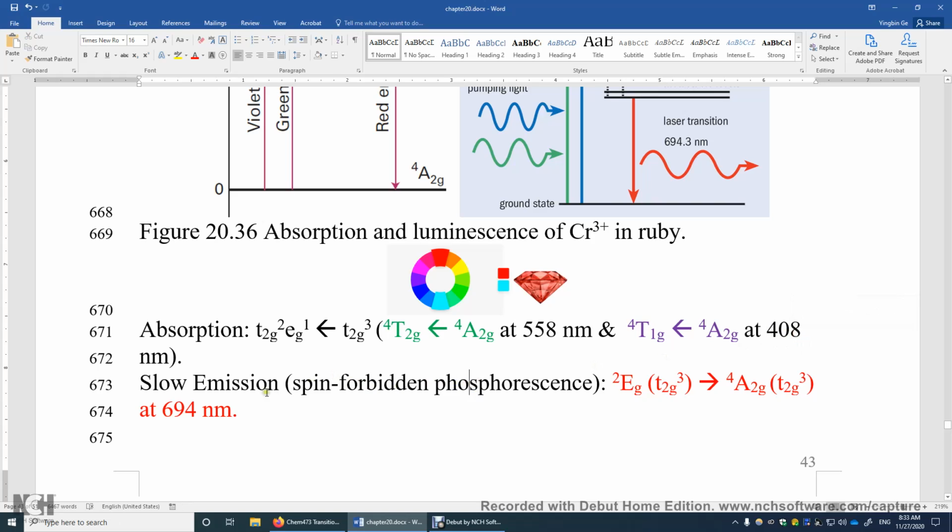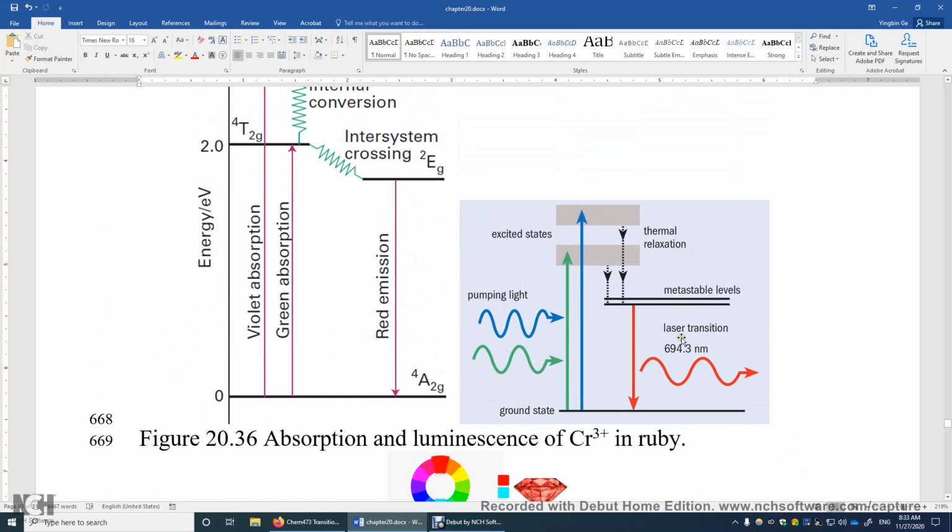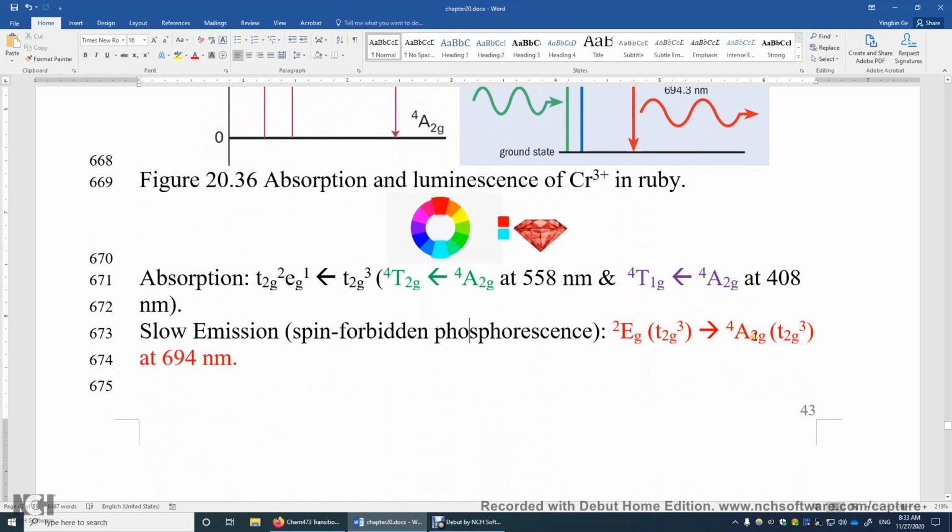Then you will emit red photons very slowly, because this is a spin-forbidden phosphorescence process. It's from 2Eg to the ground term, 4A2g. That involves spin flip, which is why it's slow.